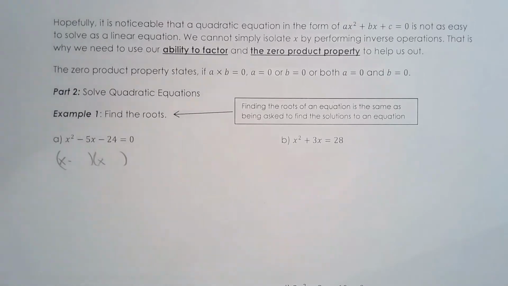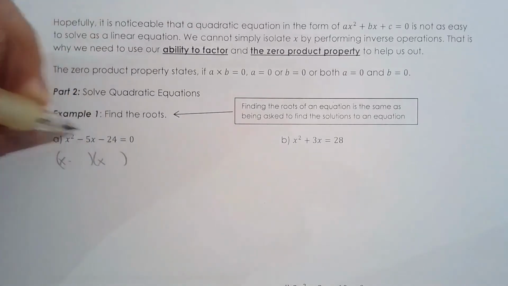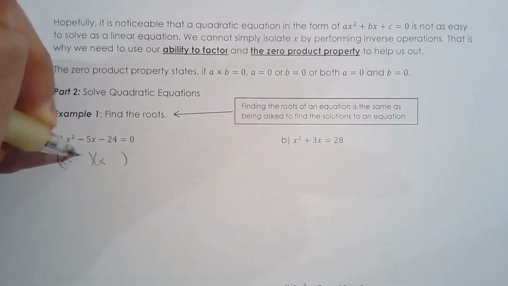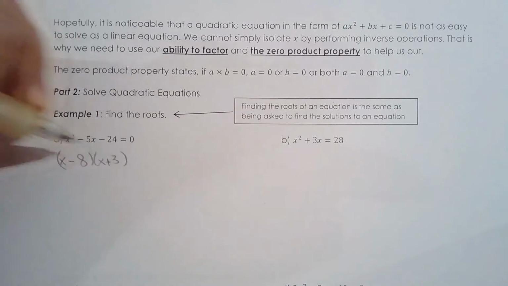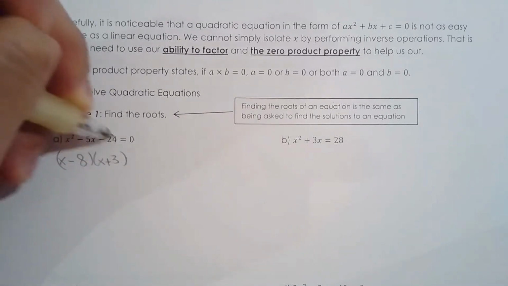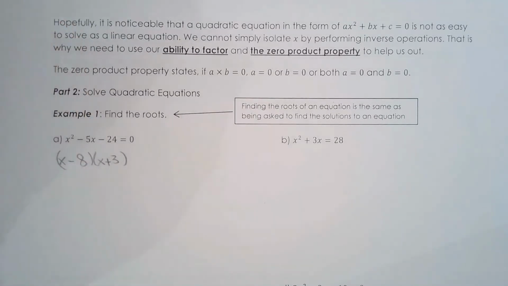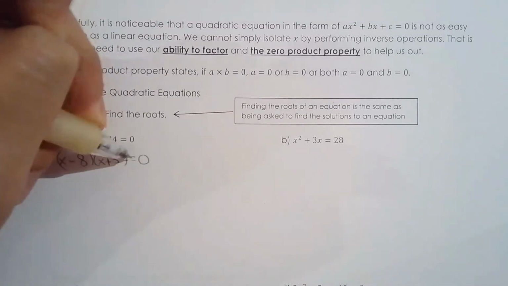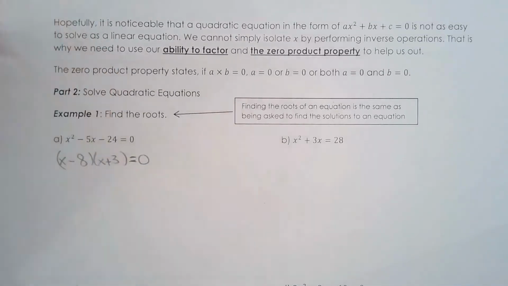Think of the factors of 24. You got 1 and 24, 2 and 12, 8 and 3, and of course 6 and 4, but 8 and 3 is good. So negative 8 plus 3, because negative 8 and 3 multiplies to negative 24 and adds to negative 5. So hopefully you didn't forget your factoring, because it's critical for this lesson.